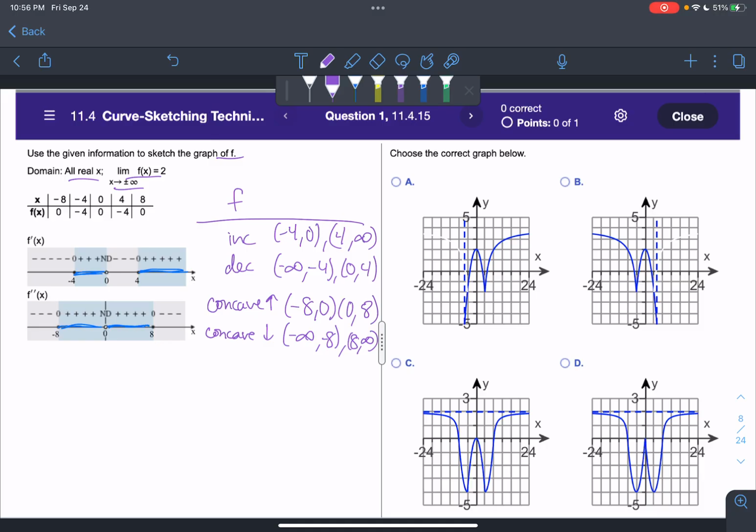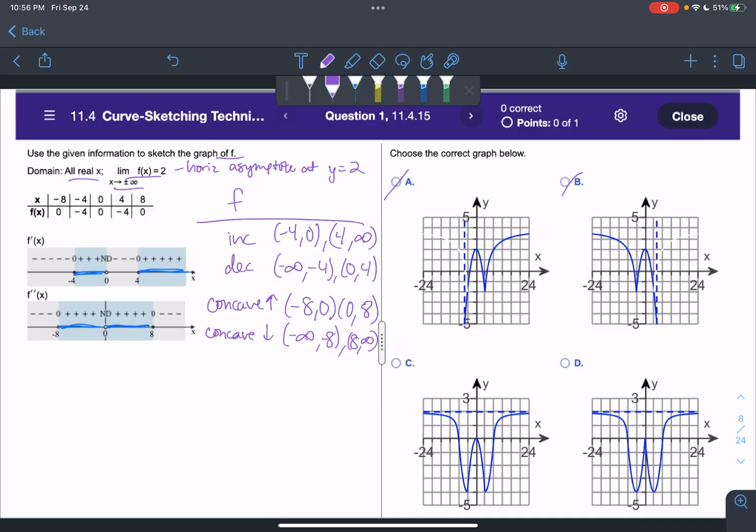So that rules out A and B, because that means I have a horizontal asymptote at y equals 2. So one of C and D has to be our answer.